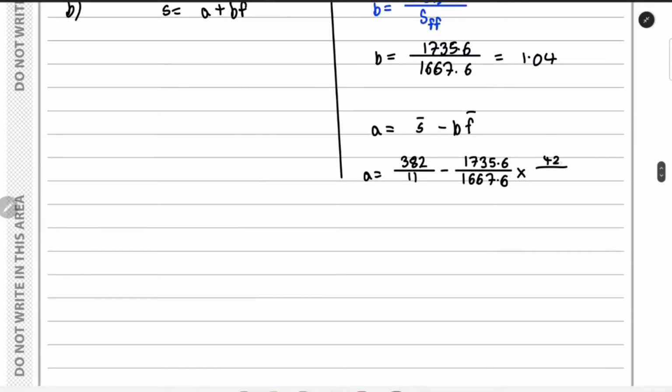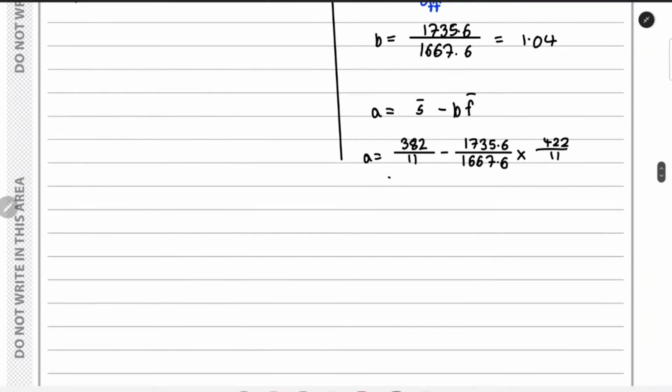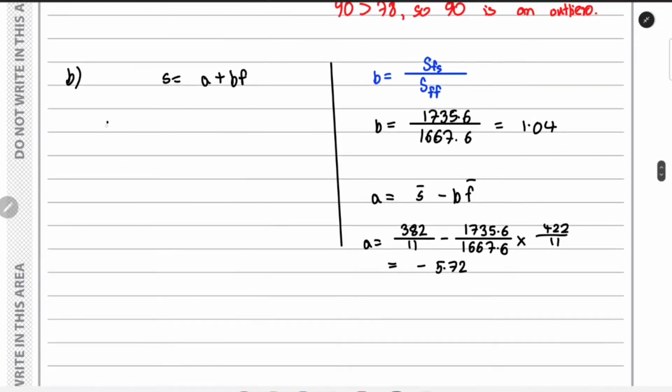The value of a would be minus 5.72. Therefore s equals minus 5.72 plus 1.04f, as shown.